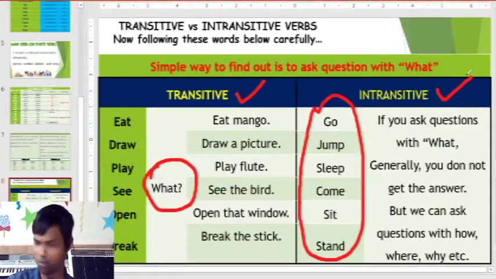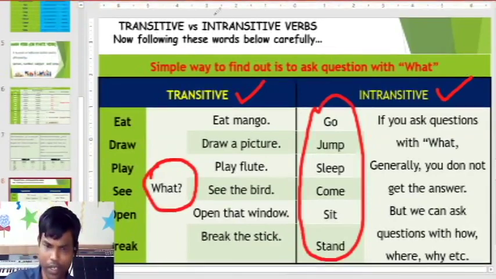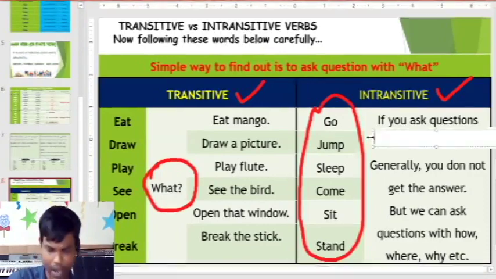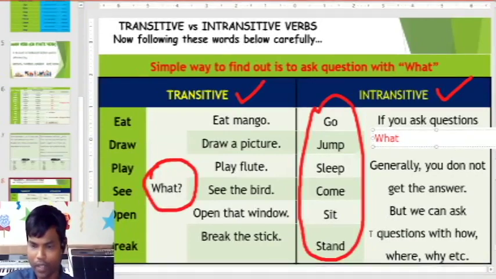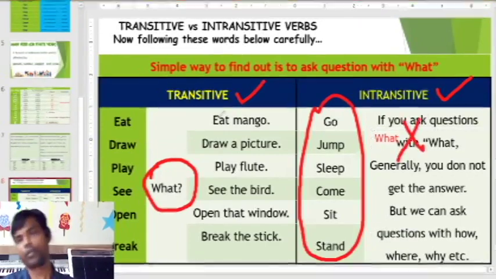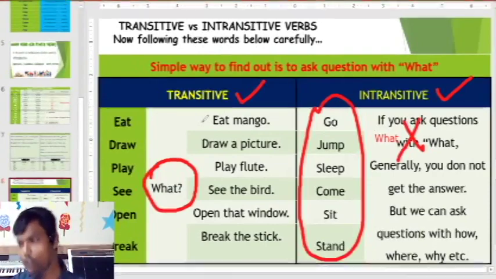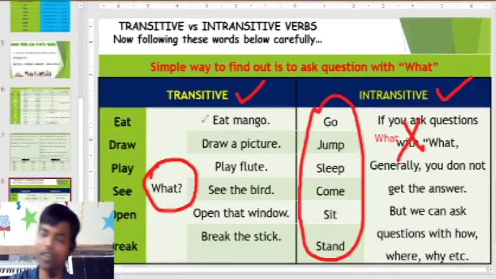Go what? No. Go how? Go where? Go when? But not what. Here we are not capable of getting an answer with what. Talk about what, and there is no answer. There is no answer, which is why we call it an intransitive verb. It does not pass over to the object.